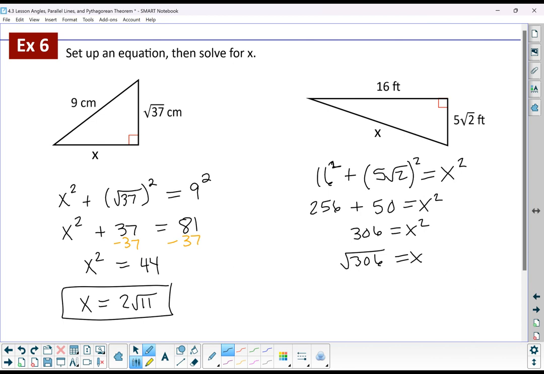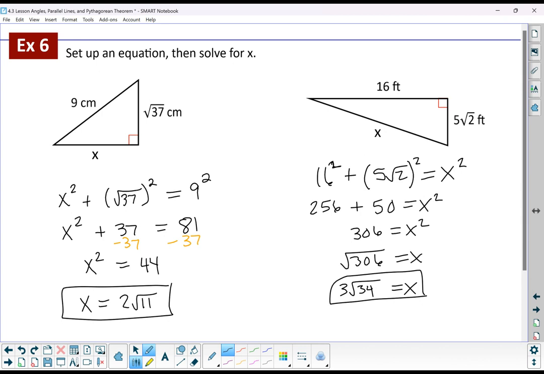It's possible that square root simplifies. I don't have the right calculator, I don't know that one off the top of my head. Let's see. 3 root 34. So that's the hypotenuse of that triangle.